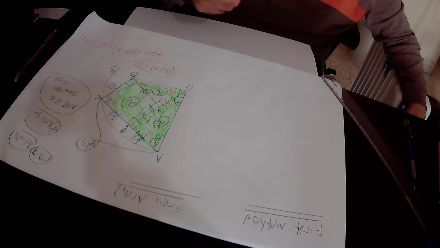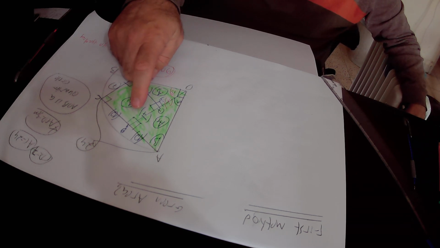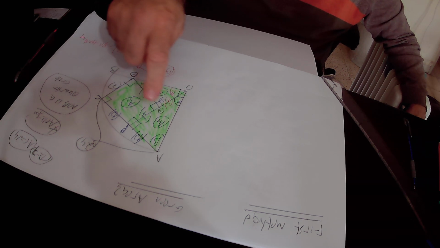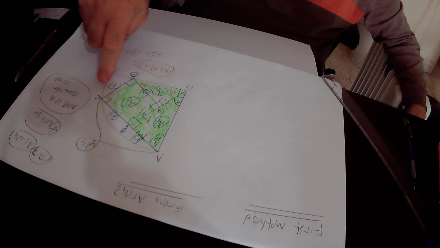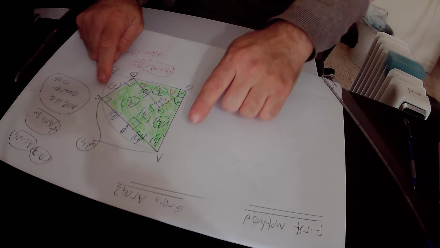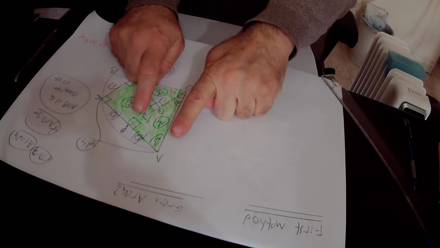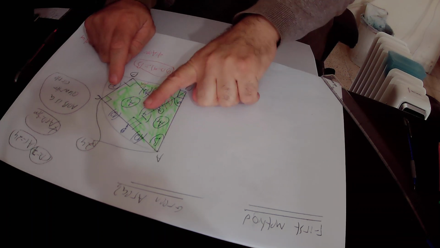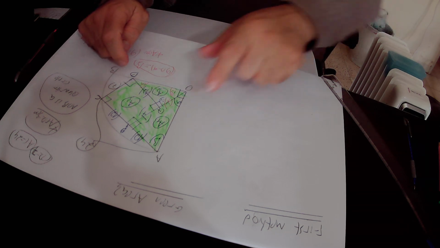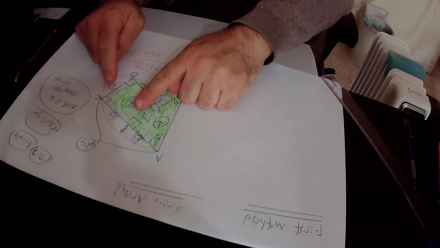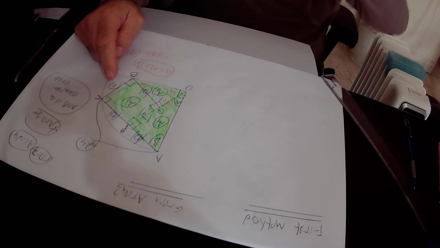So according to rule number 11, OP will not only be perpendicular to AC, but it will also bisect AC. That is to say, AP will be equal to PC. And because AC in total equals 24, the first half will be 24 over 2, that is 12, and the second half will also be 12. So AP equals 12 and PC equals 12. This is the implementation of rule number 11 in our drawing.